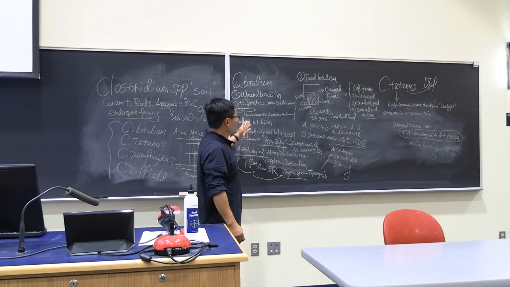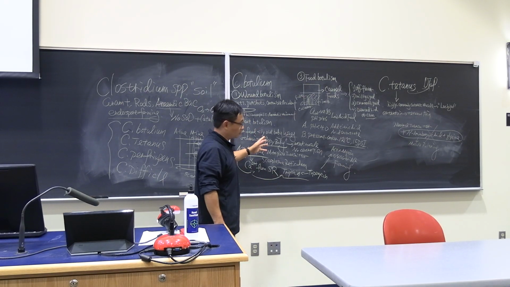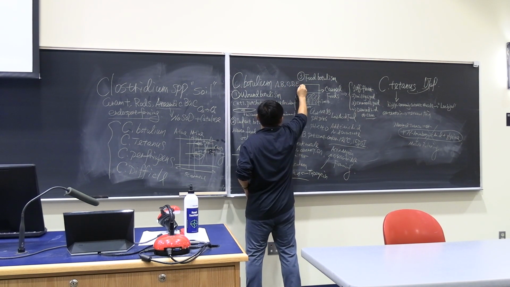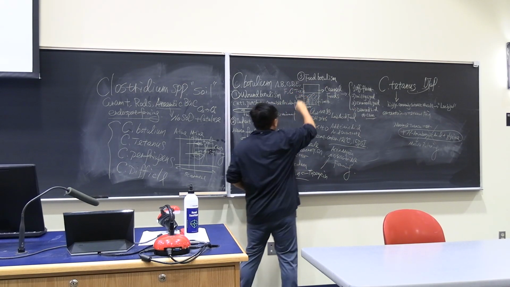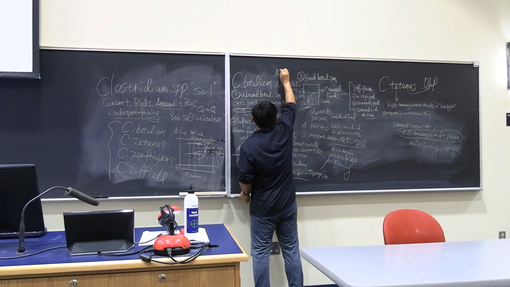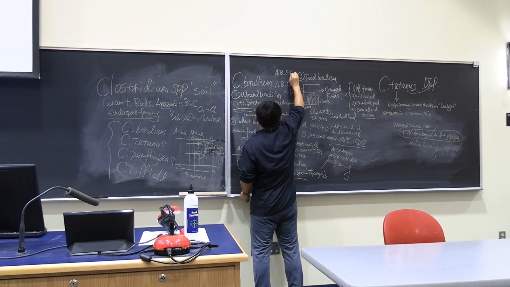For botulism, there are specific toxins. We have A, B, C, D, E, F, G toxins. And in the United States, ABE toxin is responsible for 60%.